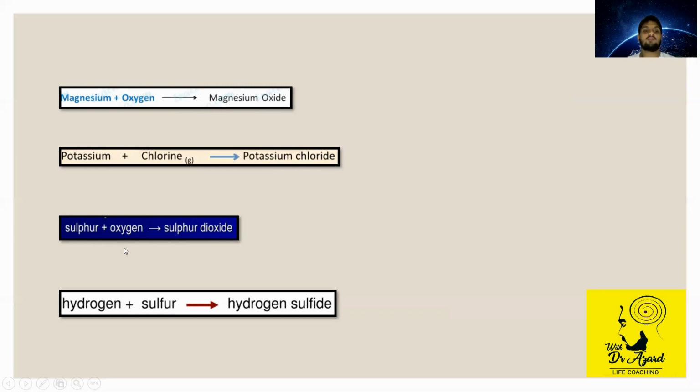Then here we go to sulfur and oxygen. This is an instance I will elaborate on more when we are doing symbolic equations. When sulfur reacts with oxygen, it is unable to form just one oxygen with it. It will always form di or tri oxygens.